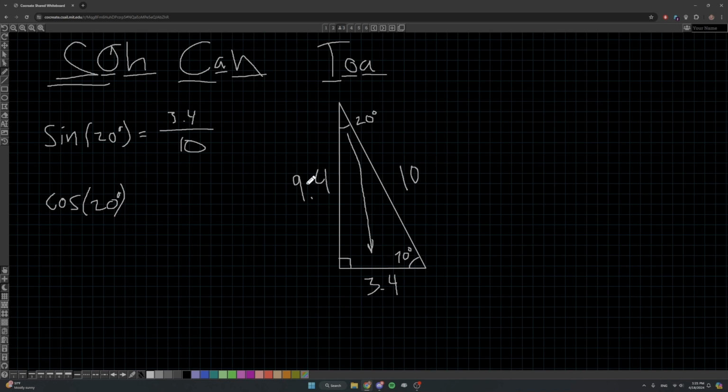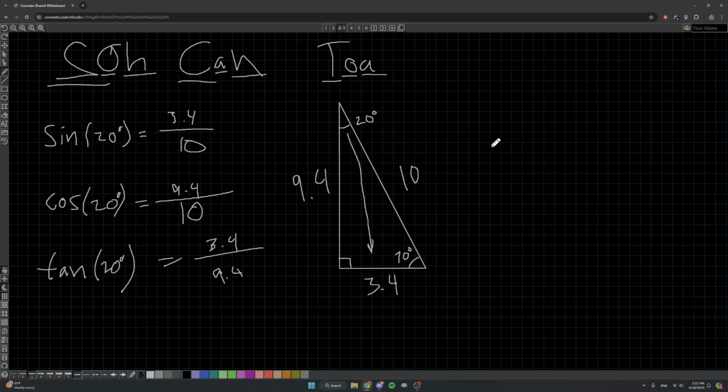It can't be this side, it can't be this side, it has to be 9.4. So 9.4 over 10. And tangent has got to be opposite over adjacent, and that's going to be 3.4 over 9.4. And you shouldn't be writing this down. You should keep this in your mind. So SOH CAH TOA.